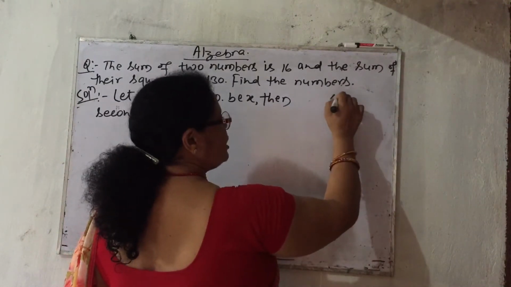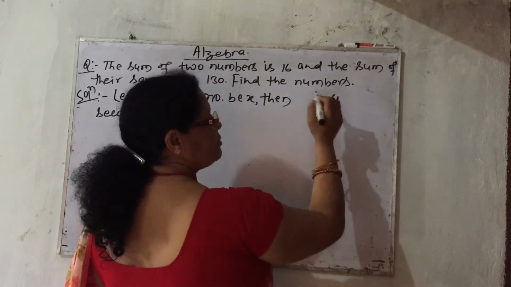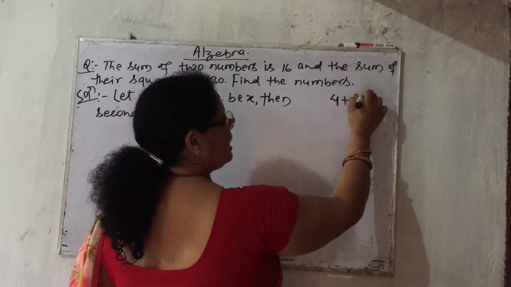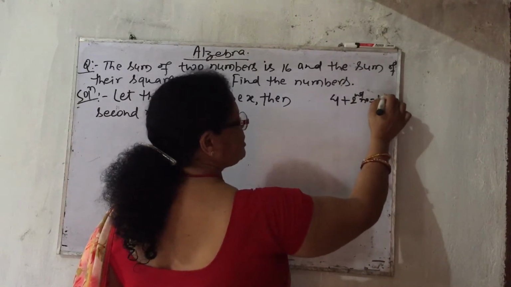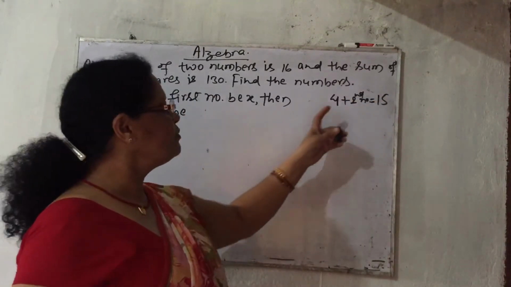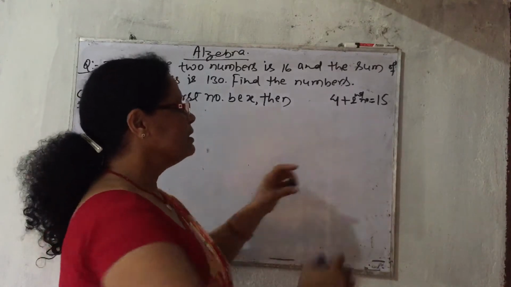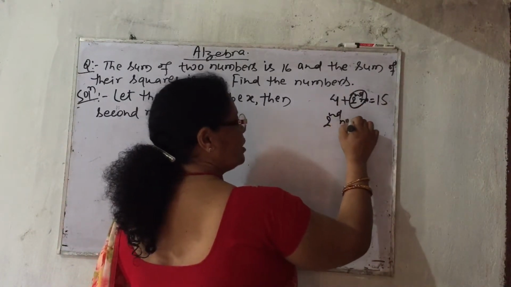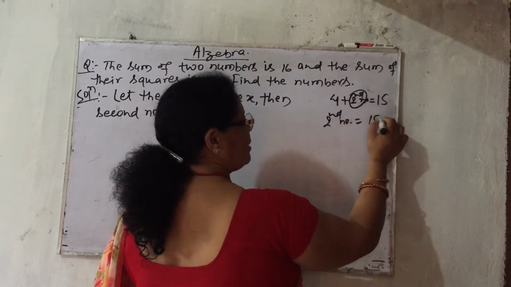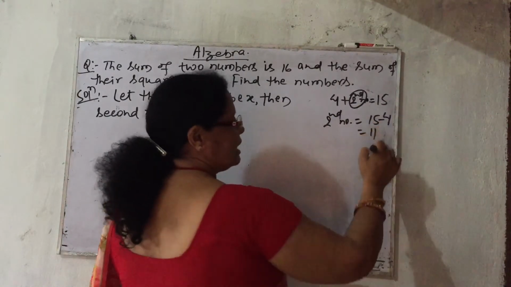Suppose one number is given as 4, and the second number we don't know, and the sum of the two numbers is given as 15. Then how do we find the second number? The second number will be 15 minus 4, which is 11.